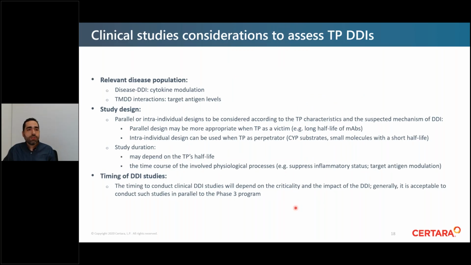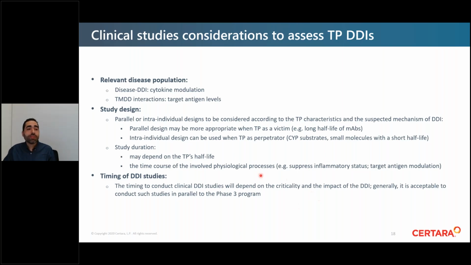For the clinical study considerations, the first question is which population to include in those studies. Generally, for small molecule DDI studies, we enroll healthy volunteers, which is convenient and quite easy to recruit for the evaluation of the DDI. However, as you saw, most of the mechanisms described here may involve some specific mechanism related to the disease itself.